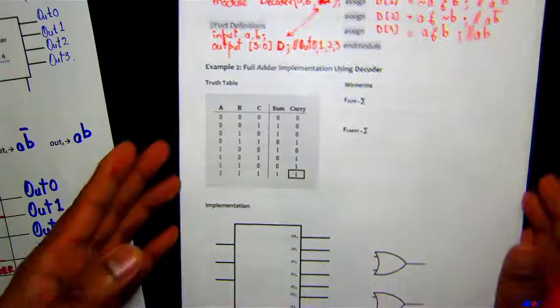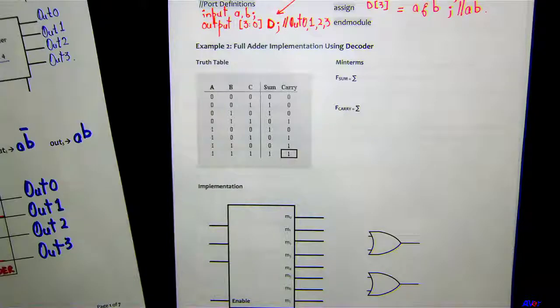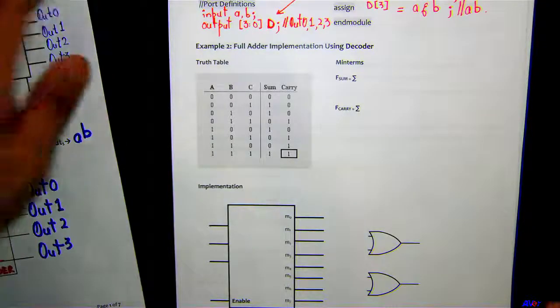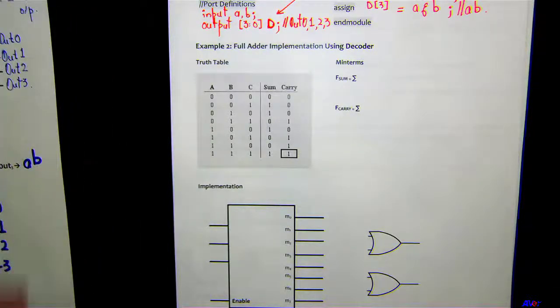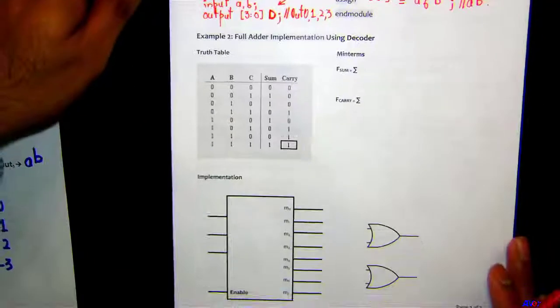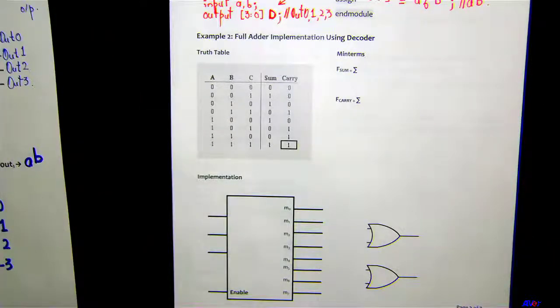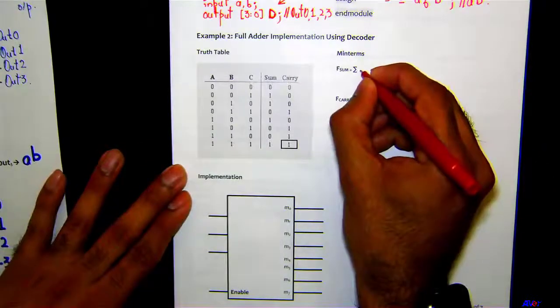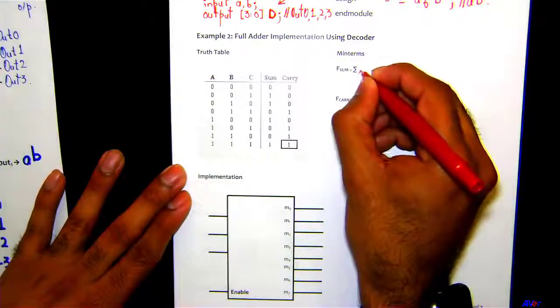So it's the same example that we did a few lectures ago. It's a full adder implementation. So you got your inputs A, B, C, and then sum and carry. I went ahead and filled those values in the truth table for sum and carry. Let's get the minterms here.